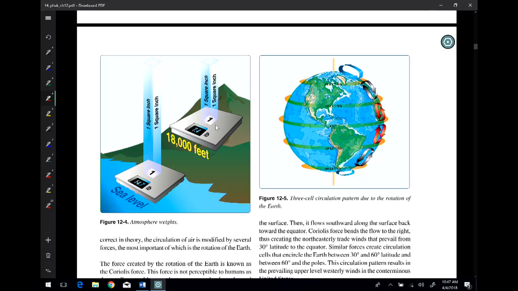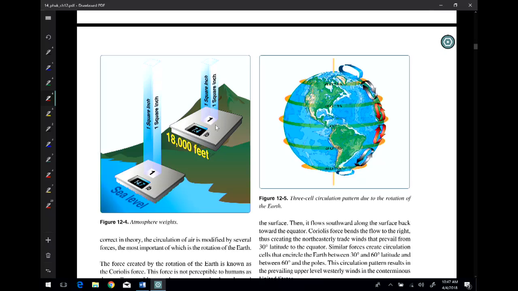And up at 18,000 feet, the atmosphere gets down to pretty much half of that. So at 18,000 feet, which is the base of Class A airspace, the pressure exerted on the Earth is about half of that at sea level.